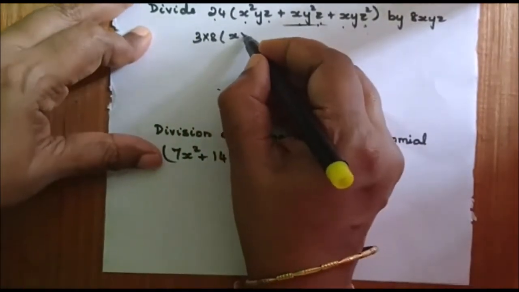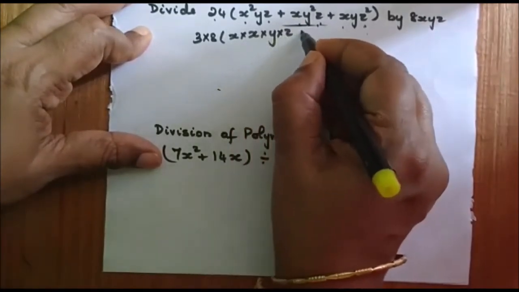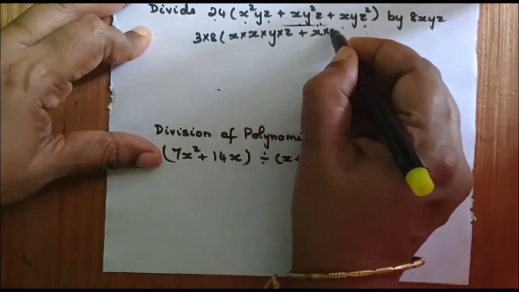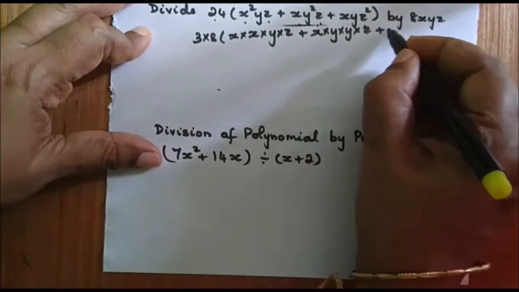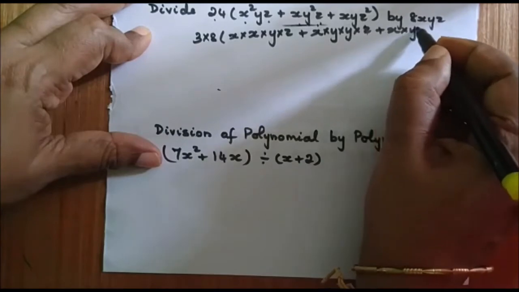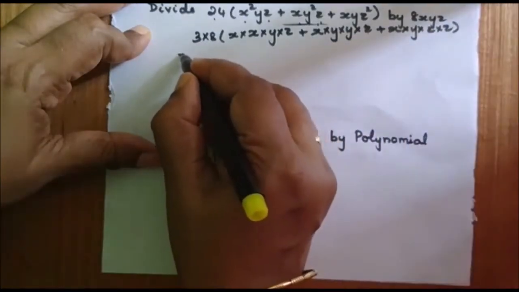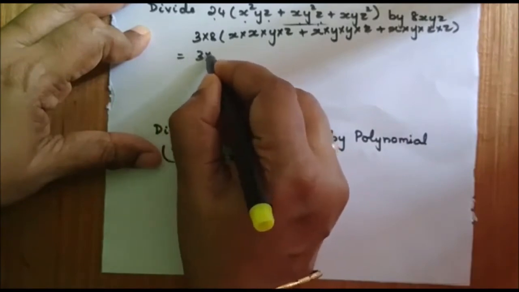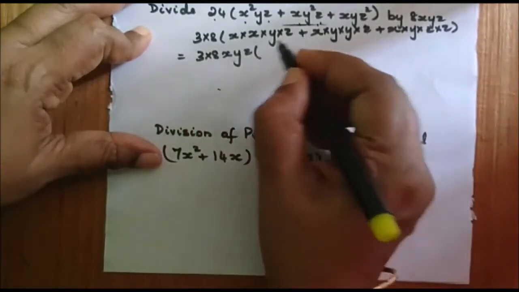This can be written as x into x into y into z plus x into y into z plus x into y into z into z. So this can be further written as 3 into 8 into xyz. I take it common out.